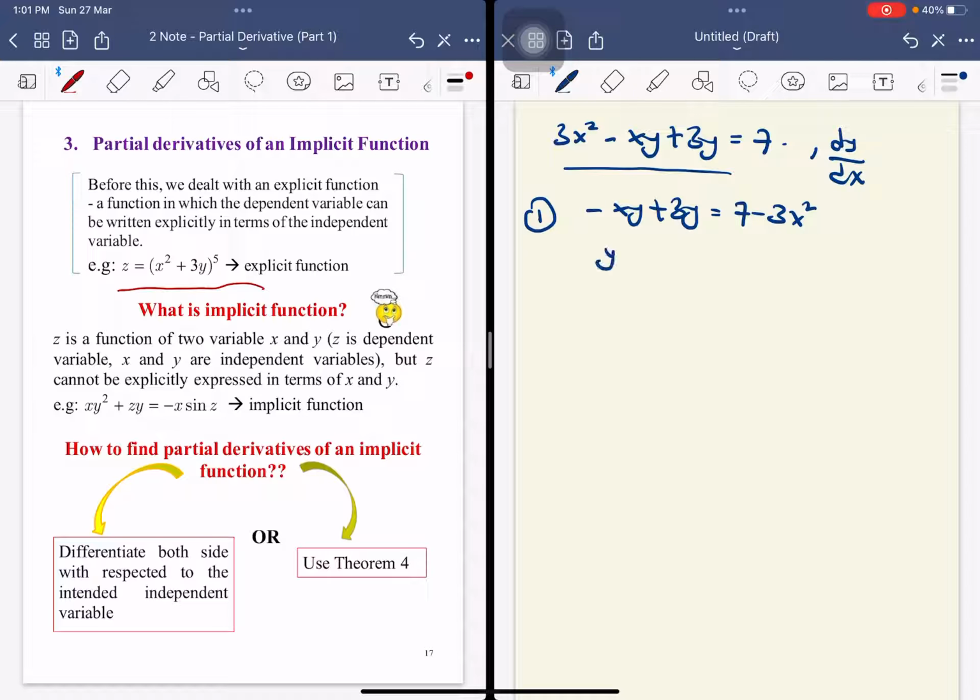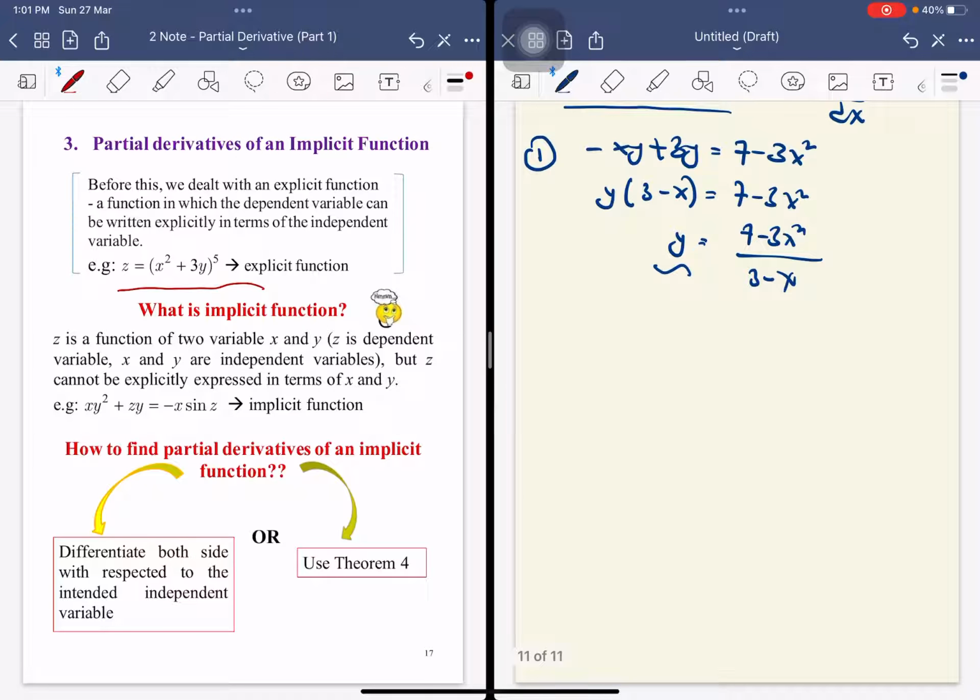So y equals 7 minus 3x squared divided by 3 minus x. Now it's possible for you to differentiate this one. If you use the quotient rule, you get dy dx equal to 3x squared minus 18x plus 7 over 3 minus x squared.